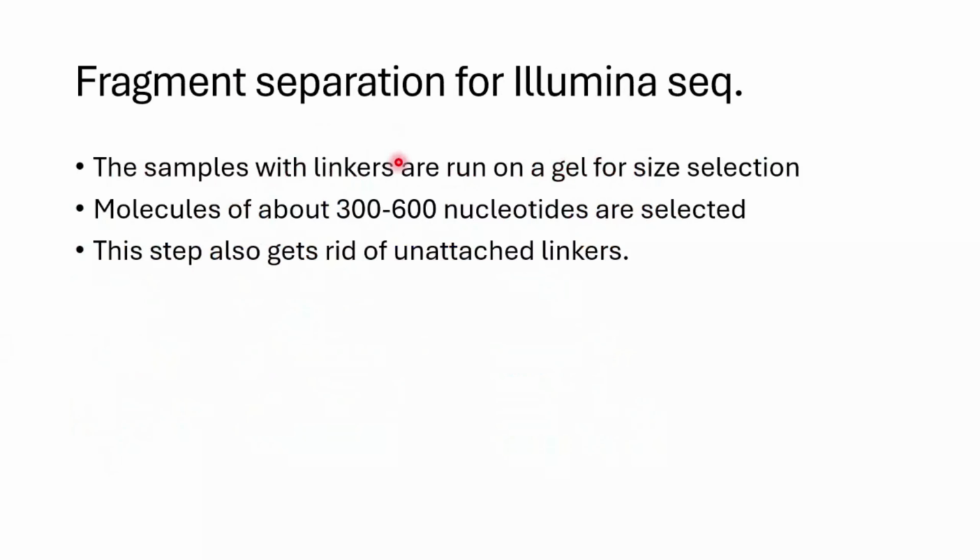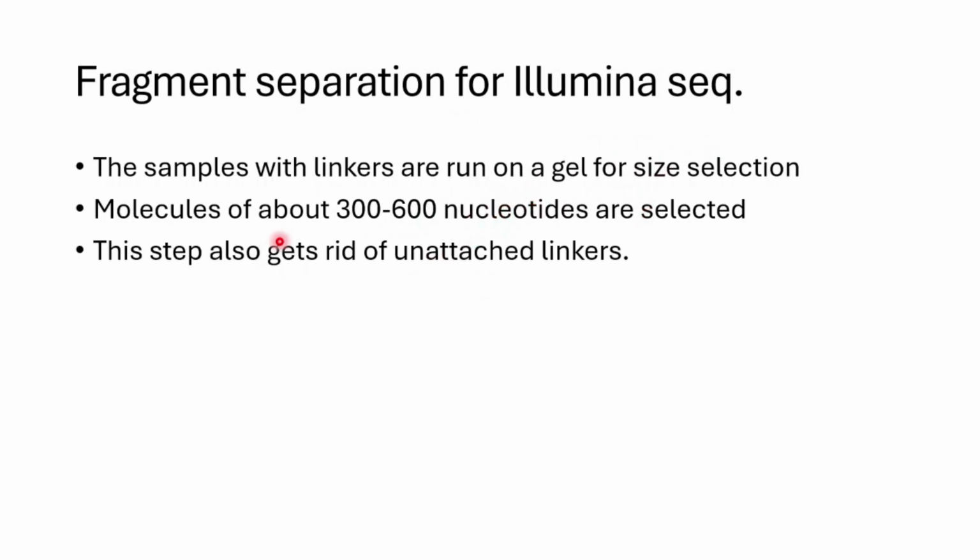So when you have your DNA sequence, you have to cut it into smaller pieces. So we still didn't get to the point at this stage where we can sequence long reads. So you have to cut it to about 300 to 600 nucleotides. You will size fragment your DNA using a gel, just like we did before.